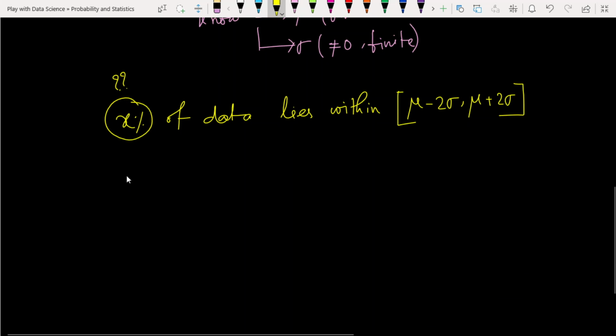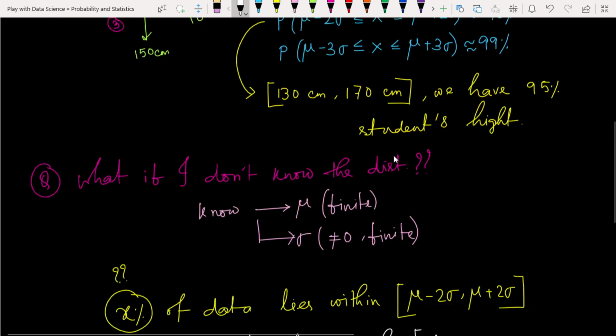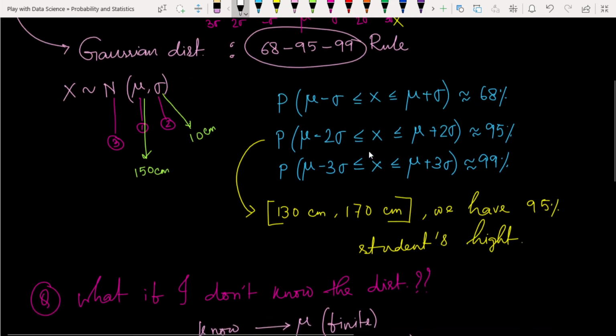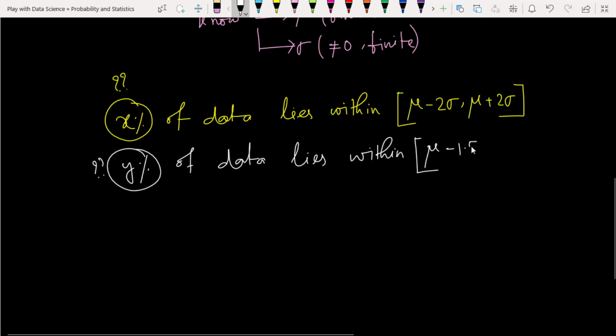The second type of question that arises: what will be the value of y, the percentage of data that lies within mu minus 1.5 sigma to mu plus 1.5 sigma?